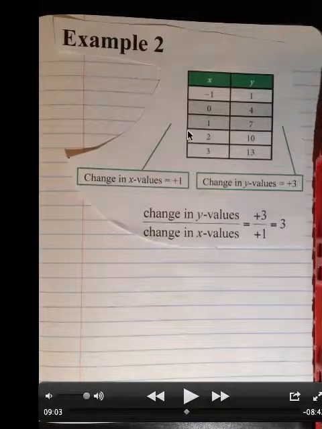And we find the change in y values, x values, goes from 0 to 1. So that is 1 right here. And at the same time, the y value goes up 3, from 4 to 7. So that's right here.